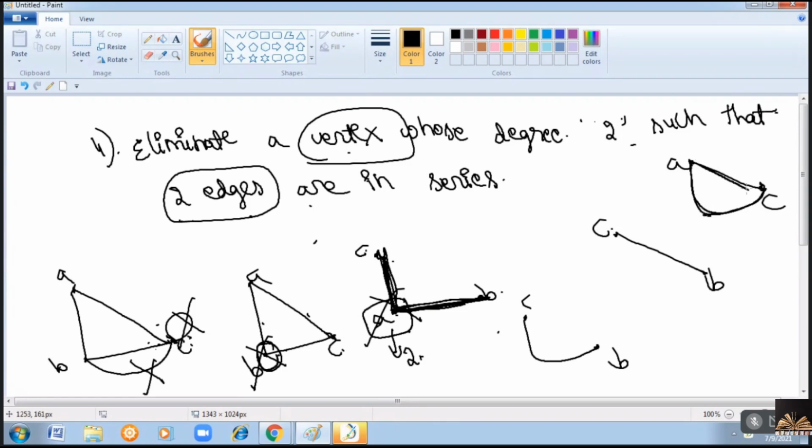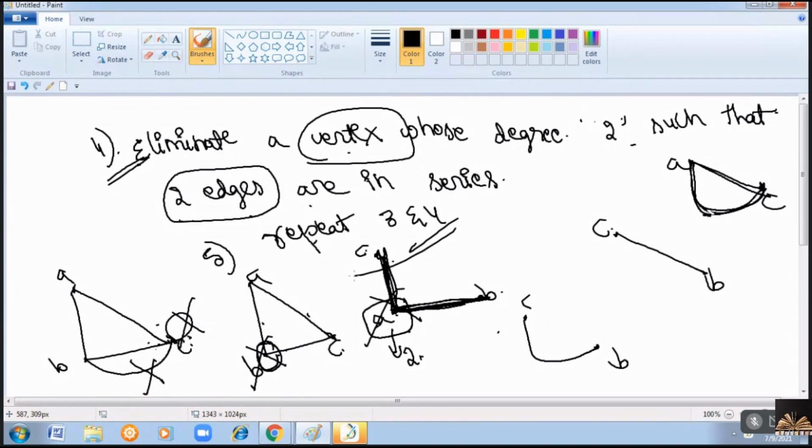Clear? A to C, already one edge is given in the graph, and after eliminating this vertex B, you got one more parallel edge. That is the reason you again and again check for the parallel edges when you perform the fourth step. Next step is repeat step 3 and 4. Is it clear?